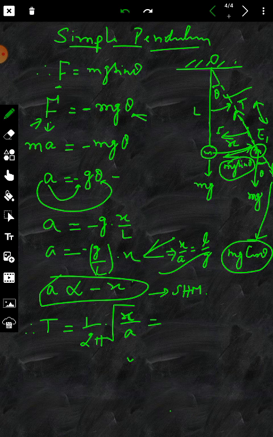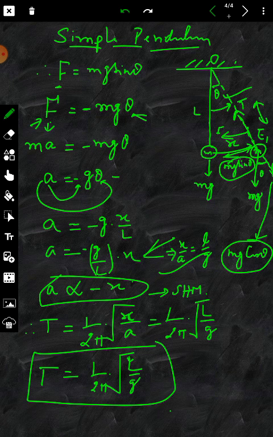So the time period takes the form T equals 2 pi under root L upon g. This is the formula for the time period of a simple harmonic oscillator, which you also make use of in the experiment based on the simple pendulum.